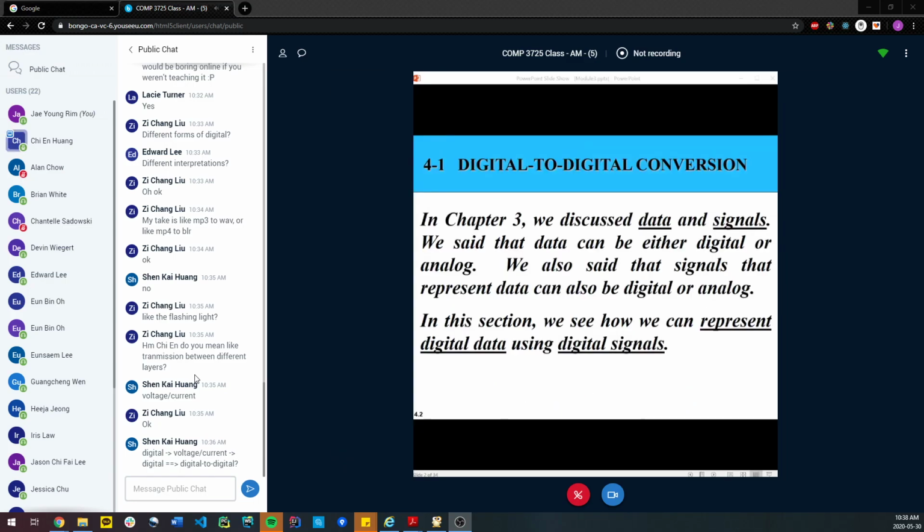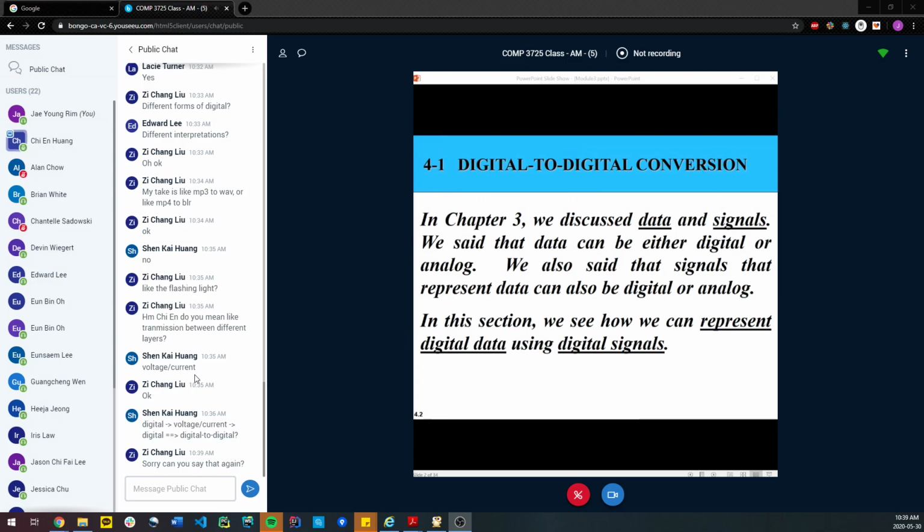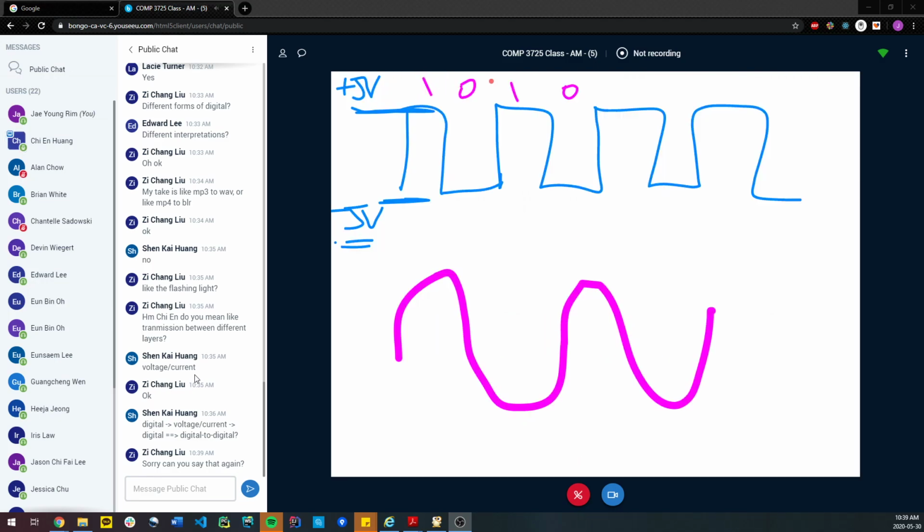Is that clear on why we actually do that? Any questions? I'm trying to say this: I cannot transmit digital data. Digital data is really nothing but ones and zeros. True?